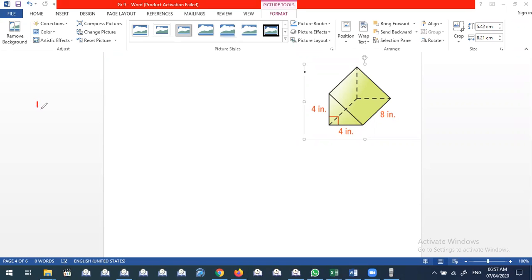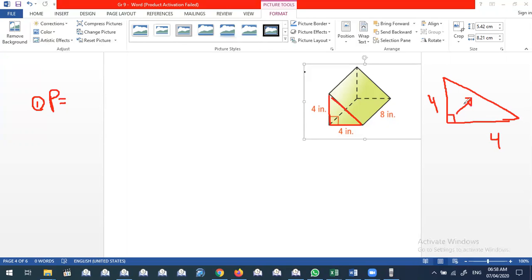Step number one, find perimeter of the base. Our base here is a triangle. So perimeter of the triangle is the sum of all its sides. We have 4 and 4, we still need this side. Let's find it by using the Pythagoras theorem. Here is 4, 4, this angle is 90.